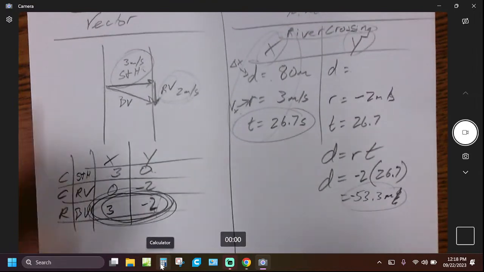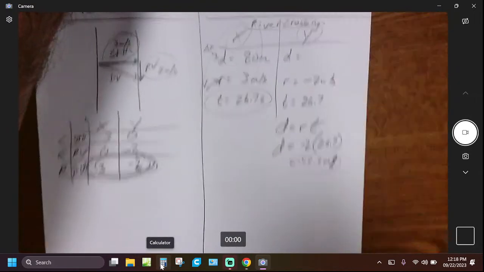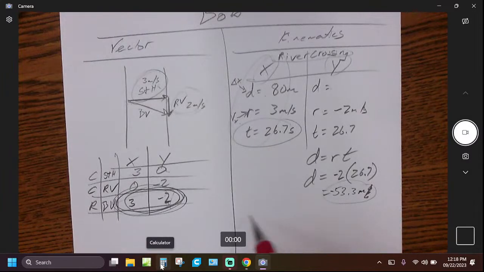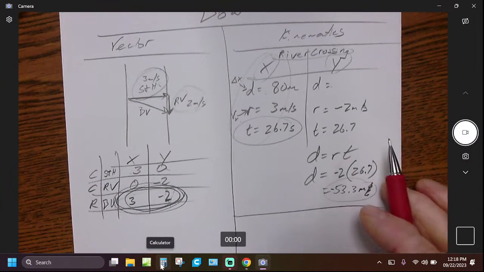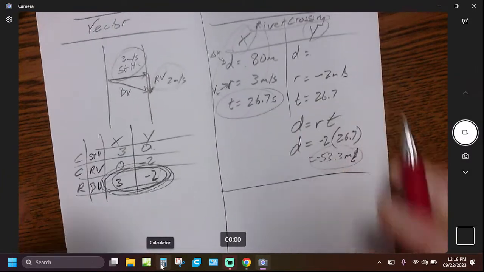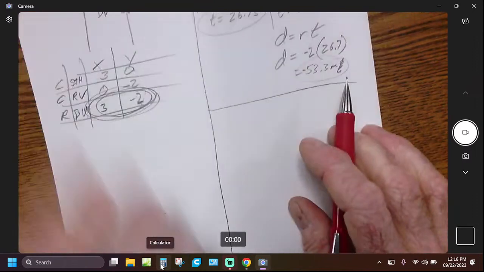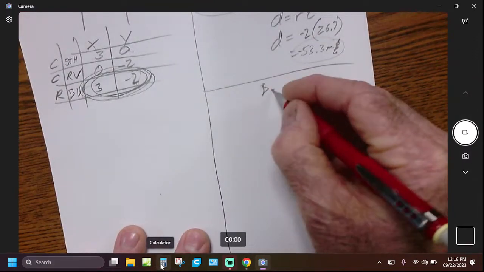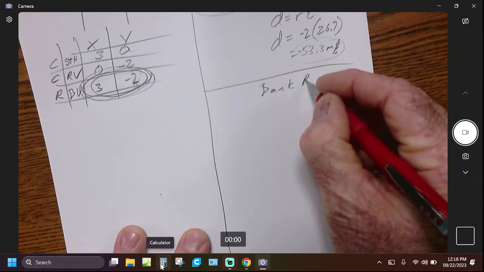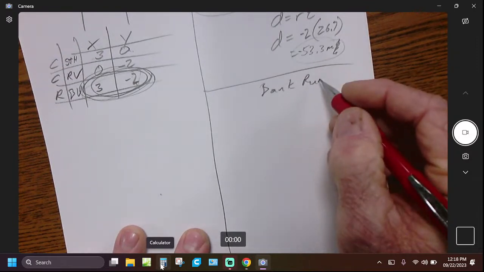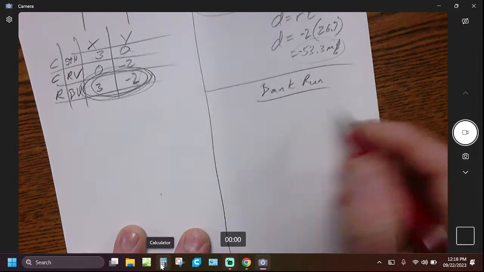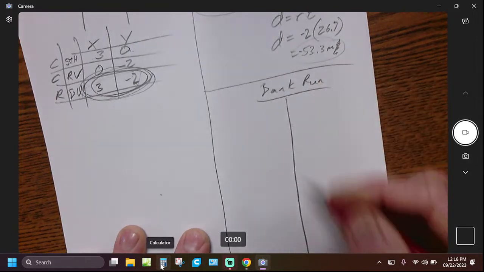So I'm not going to do this formally with the next part, but actually for the heck of it, I'm going to do it. So this is the so-called bank run. This is not when people run on the bank, like demand their money out of the bank. This is when Bob runs back up the bank.